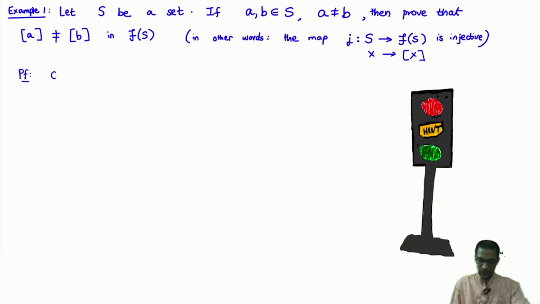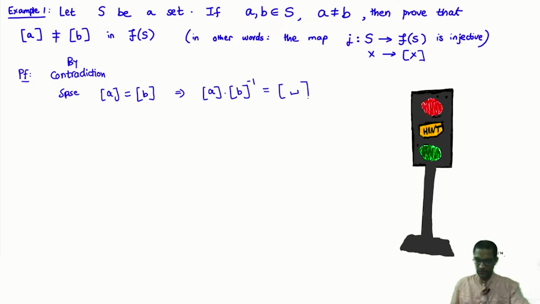Suppose these 2 equivalence classes are actually equal to each other in the free group. What does that mean? It means that if I take A and I multiply it by B inverse, I should get the identity in the free group.